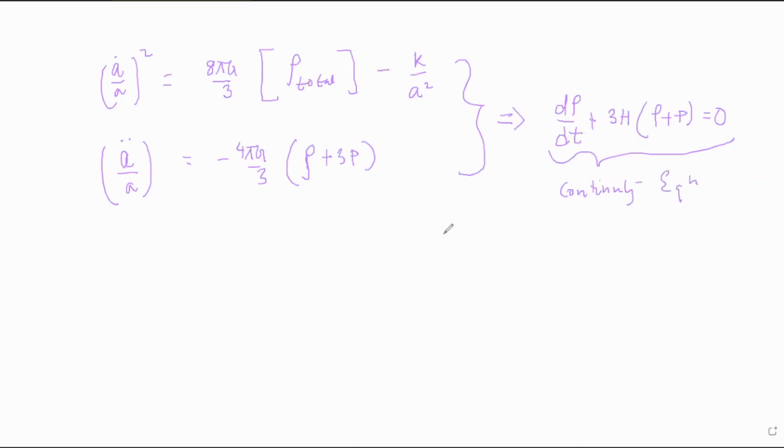This is equation 2, this is equation 3. Any two out of these three are independent. So now let us take the continuity equation. From here, if I give you P equals w rho, without specifying what w is. w is 1/3 for radiation, 0 for matter, minus 1 for cosmological constant.